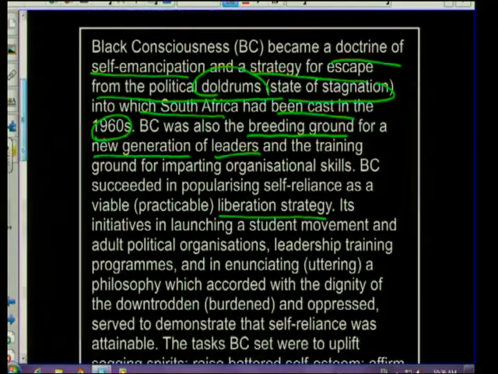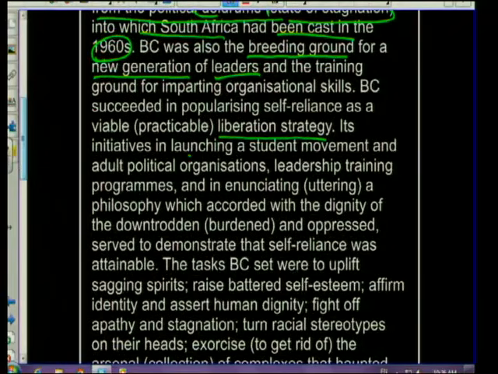Moving on, it launching a student movement and adult political organization.